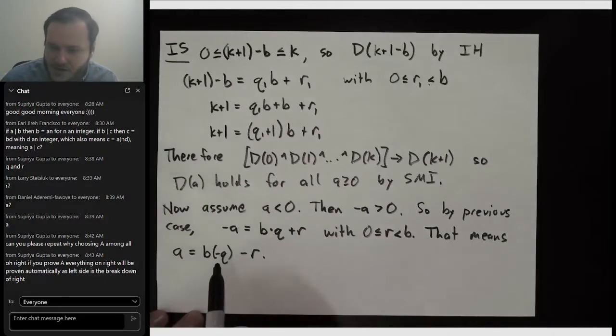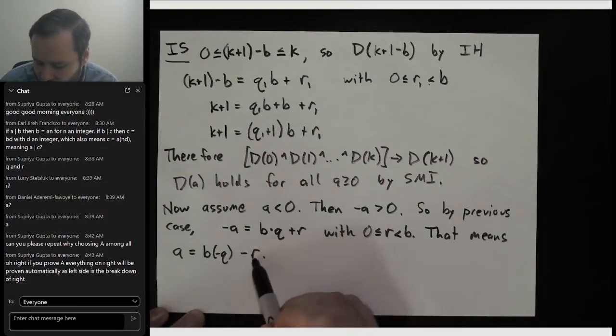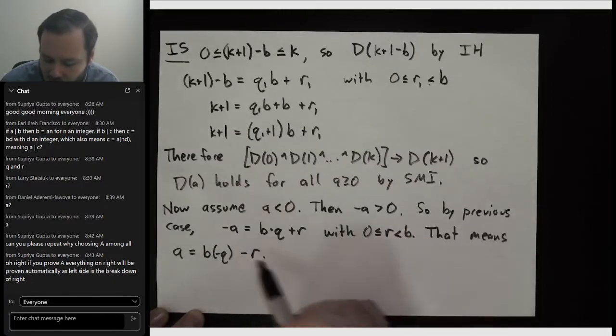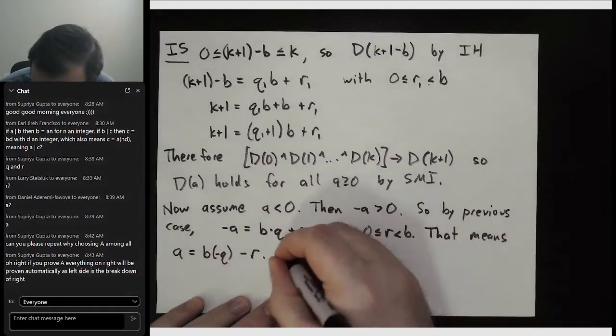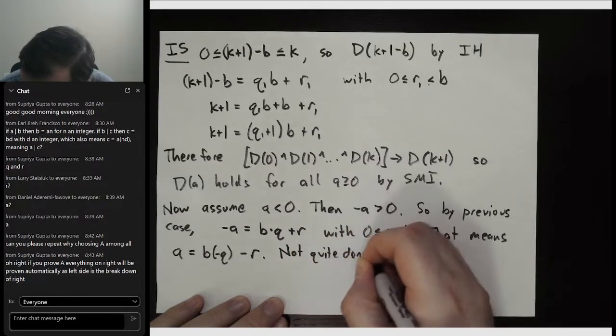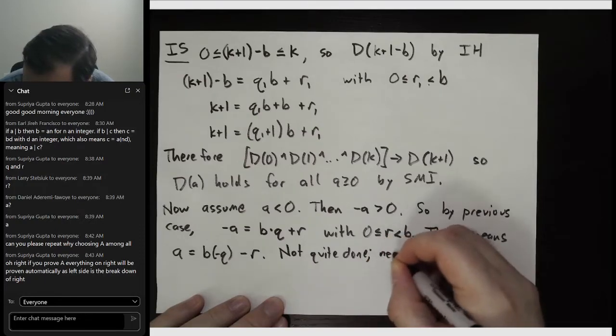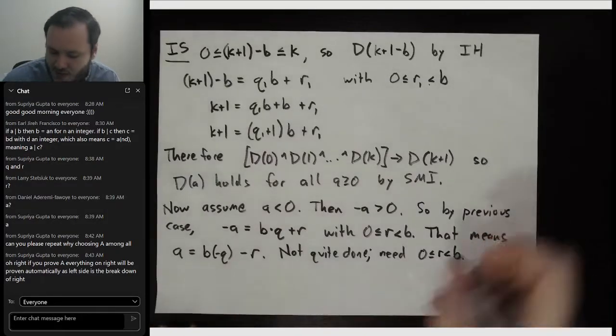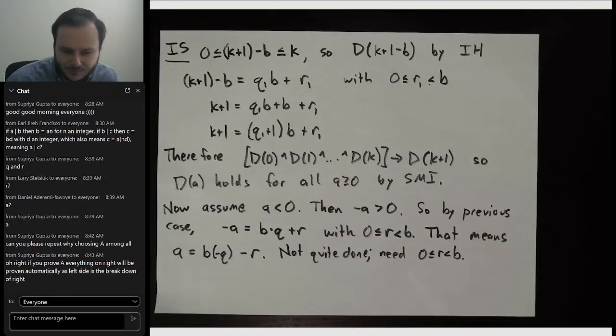So b times minus q, that's fine. That's not a problem. q is allowed to be negative. But I'm not quite done yet here because minus r is not in the right range. r is between 0 and b, but minus r has to be positive. Not quite done. Need 0 less than or equal to r less than b. But right now I have a negative r.